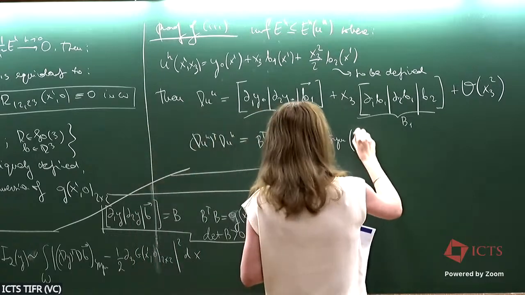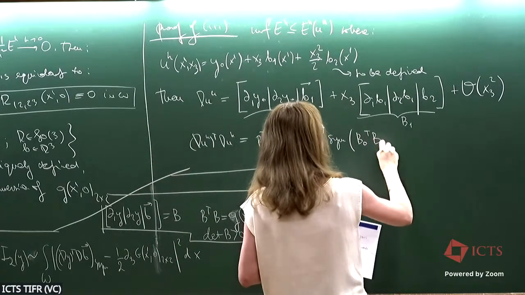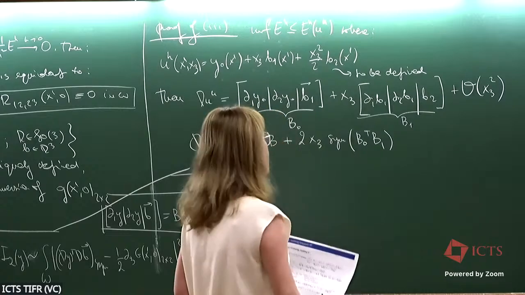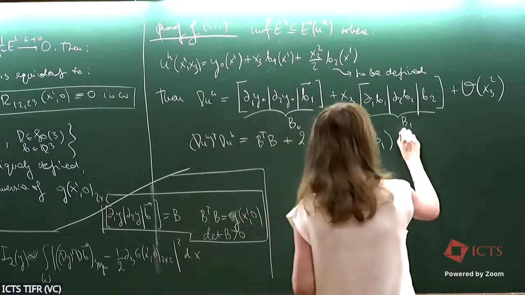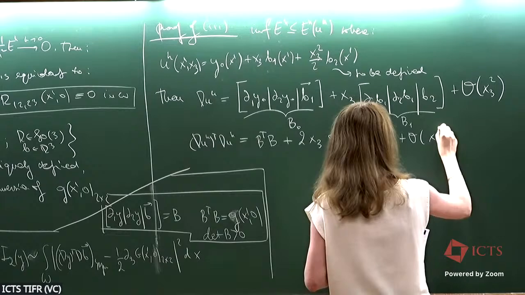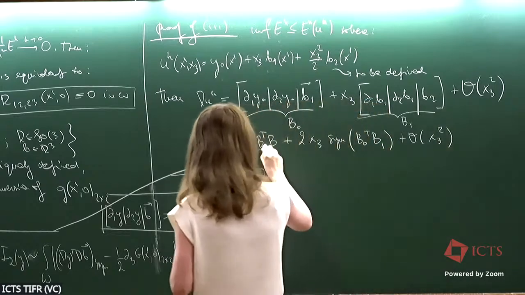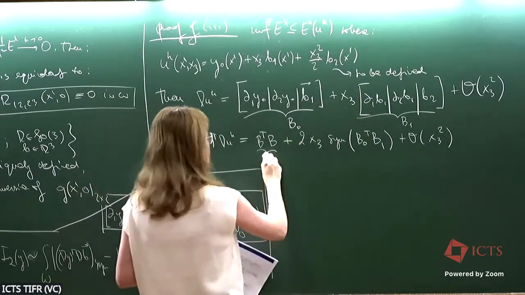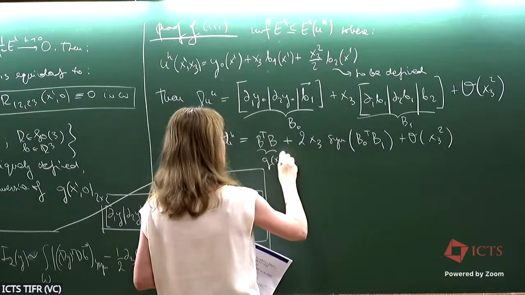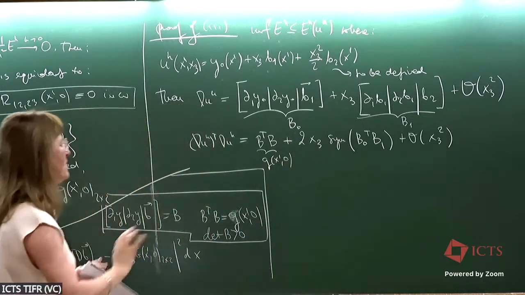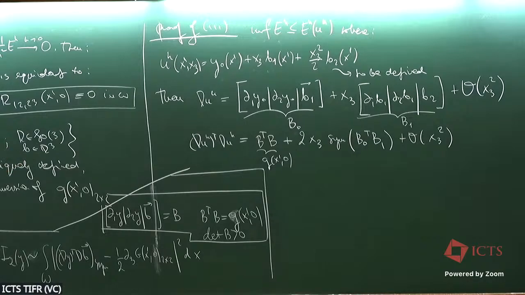So I'll have B0 transpose B1, and then higher order terms. Of course, we remember that B transpose B was G. That's important information: G of x' 0, the full 3 by 3 matrix G. These are all 3 by 3 matrix fields.